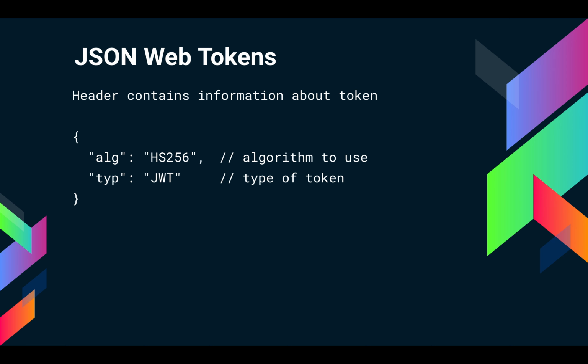Just like in the headers in your requests, you're telling the server what type of data you're sending. This is telling the server or the user's machine what type of token is being sent. In this case, this is a JWT.